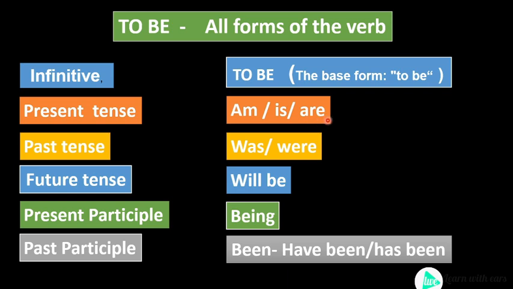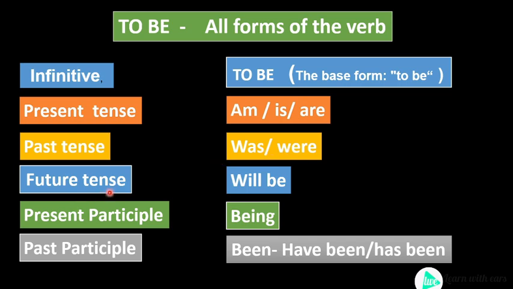Now we have past tense. In past tense we use was and were. Was we use with singular subjects like he, she, it, and were we use with plural subjects like you, we, they.